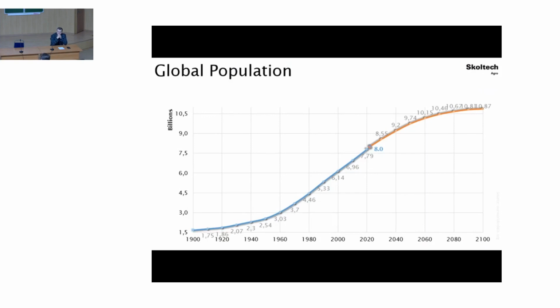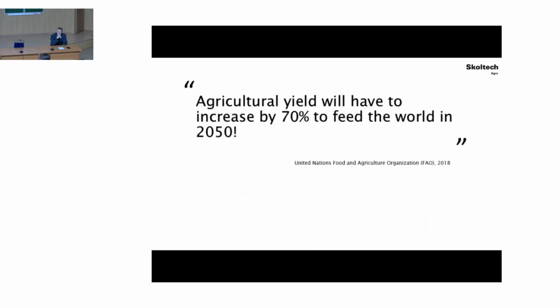But as the population grows, we need to also feed them. And the United Nations estimates that we'll need to increase our yield by 70% from our present yield numbers by 2050. How do we do that? Because this is not a small number, right?